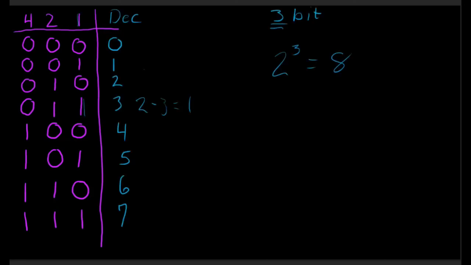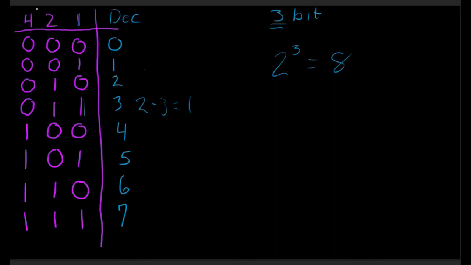So that's how we handle the negative numbers. We use 2's complement. Hopefully that made sense to you. If it didn't, maybe watch the video again, see if you can understand a little bit more. But remember that in order to do 2's complement, we're basically inverting the bits.